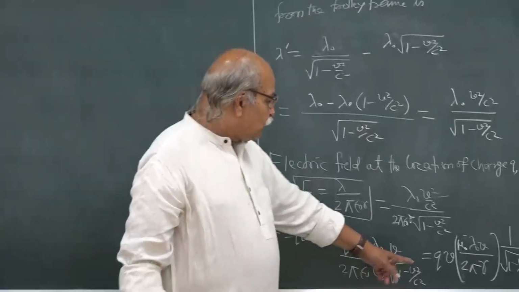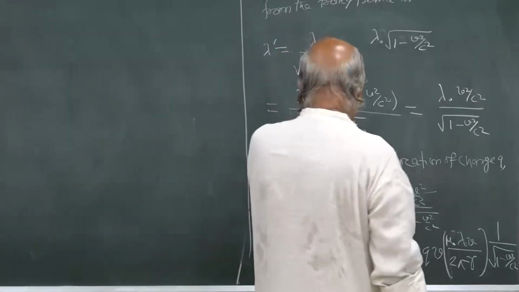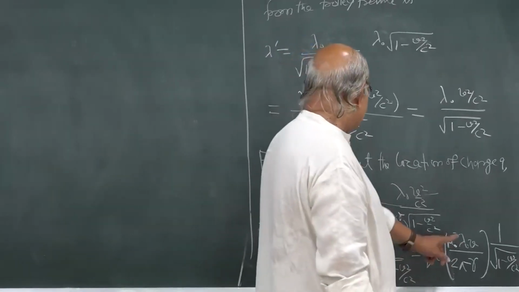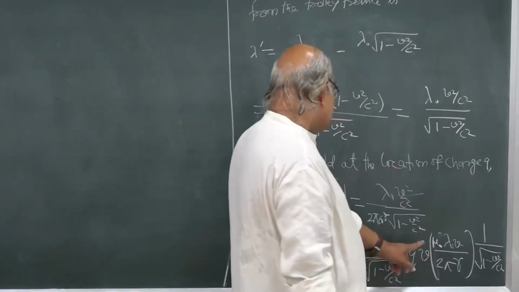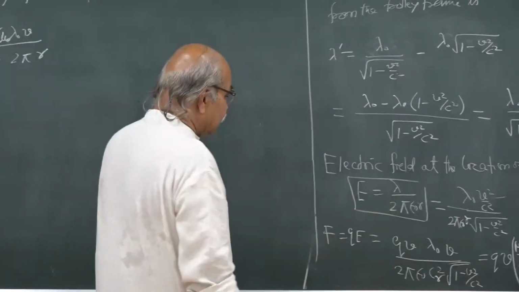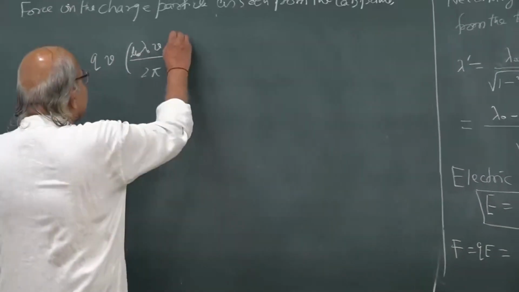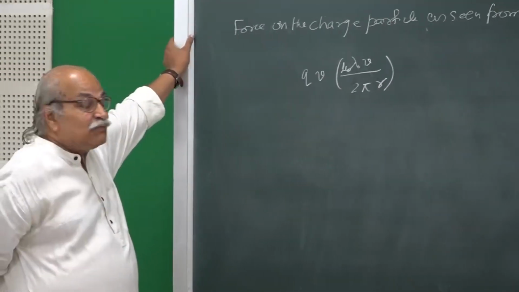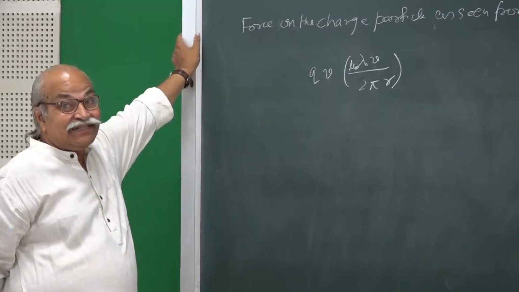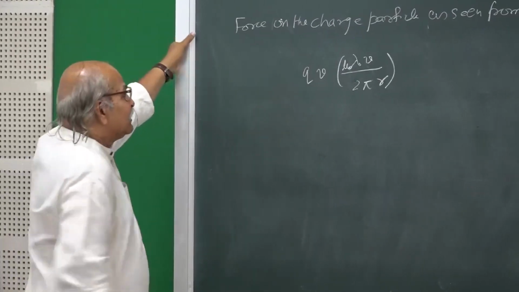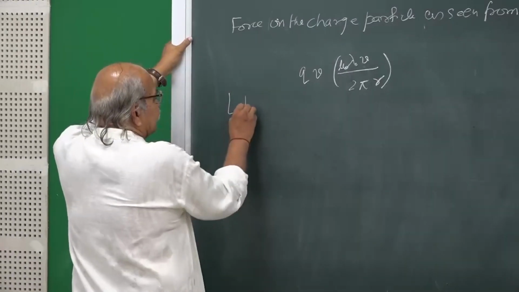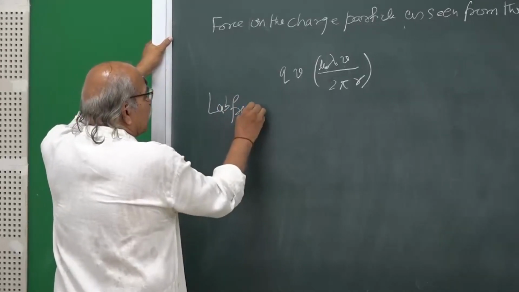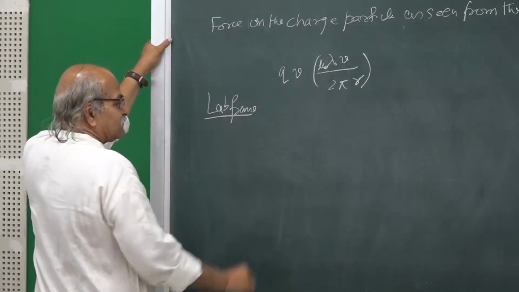So, I have written q and then v, lambda naught, mu naught, and then v, and 2 pi r. So, this will be the force. This much force must be there in the lab frame, but in the lab frame, there is no charge density, there is no electric field.